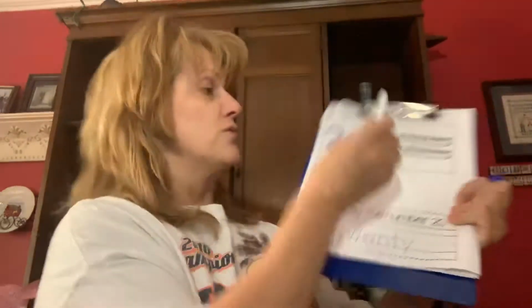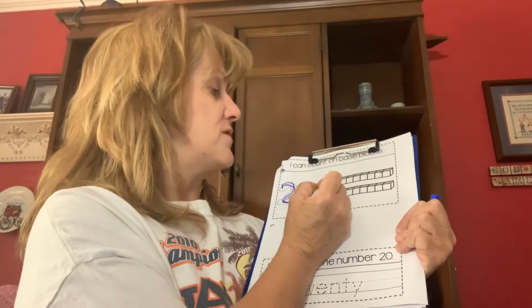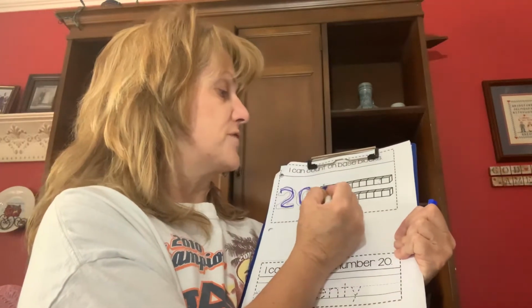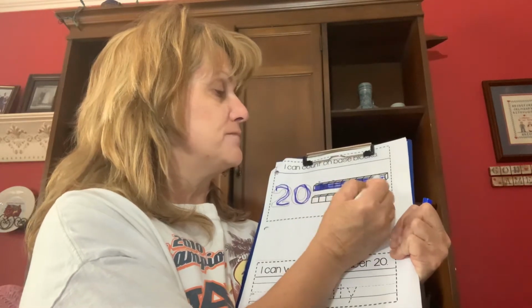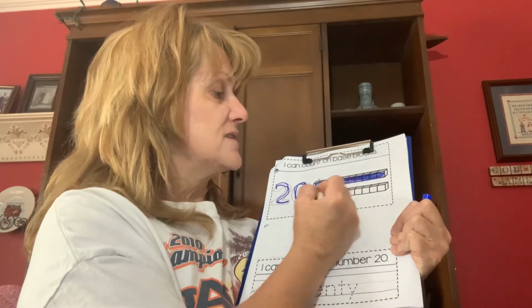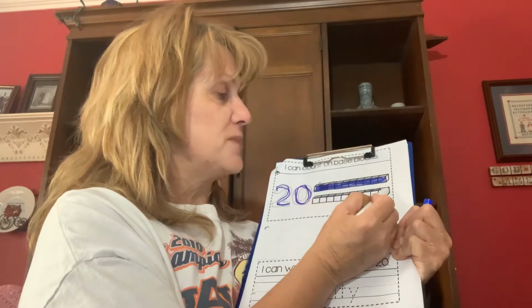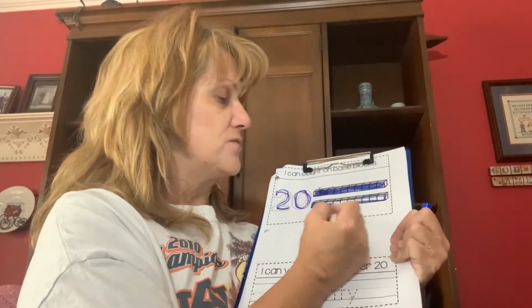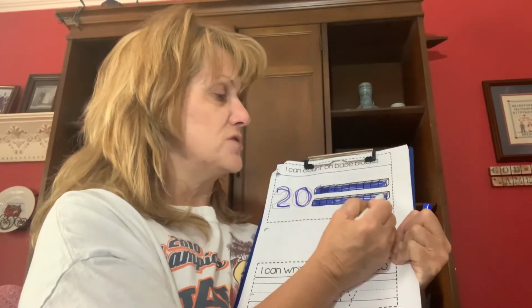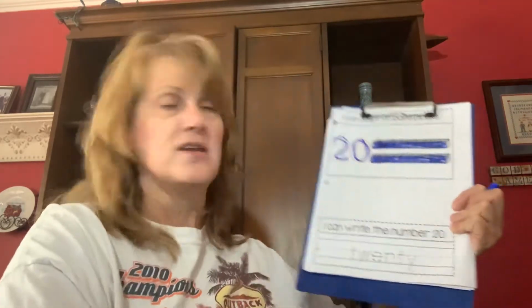Okay? So you're going to take, and I know some of you like to color your cubes all different colors, but since I need to watch my time for the video, I'm just going to color mine in real fast. Now, you don't do it like me, because mine's not very neat, okay?